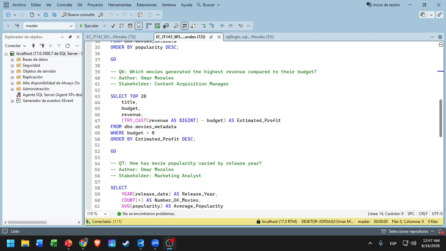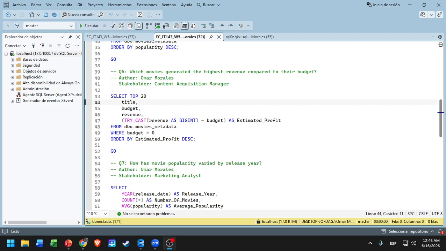This query calculates the estimated profit by subtracting the budget from the revenue and uses TRY_CAST to safely convert the revenue value into the numeric data type.